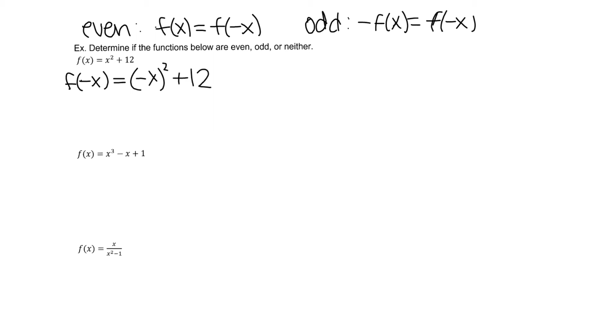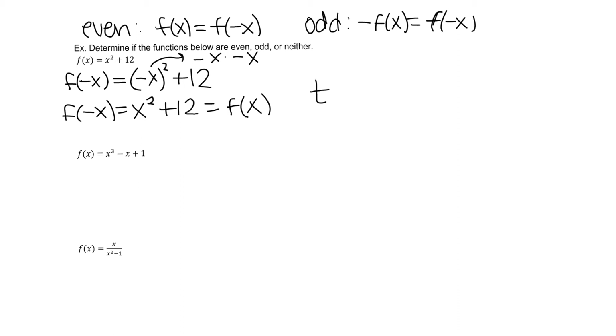Now, negative x squared is negative x times negative x, which is the same thing as x squared plus 12. So I get f of negative x equals x squared plus 12, which is my original function f of x. So I don't even have to test to see if it's odd, because right away I know this function is even.